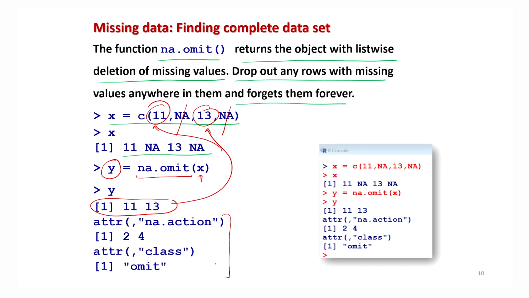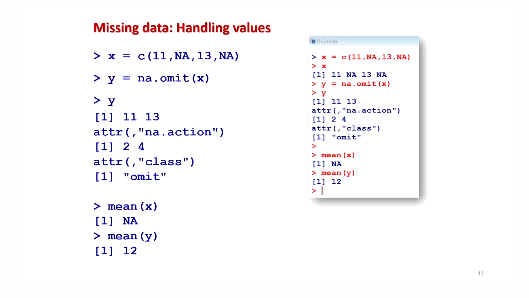It is telling us that the NA values were at the second and fourth position and its class is omit. But anyway, we are not going into that part. In simple words, we have removed the missing values from the data vector X and obtained a new data vector Y. Now, if you want to perform any operation on this data vector Y, this should not be a problem. For example, now if I try to find the arithmetic mean, we have X which has missing values, and we have Y which has no missing values.